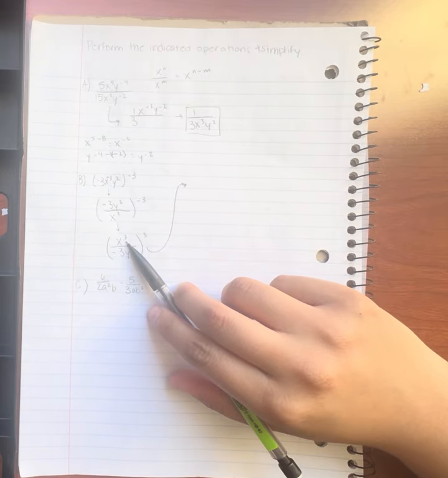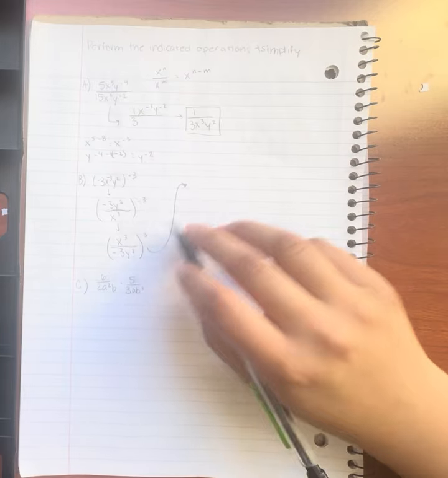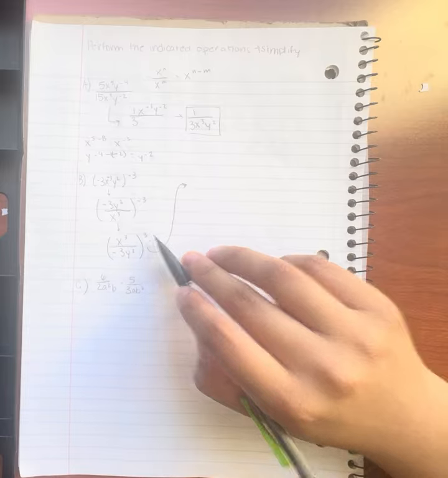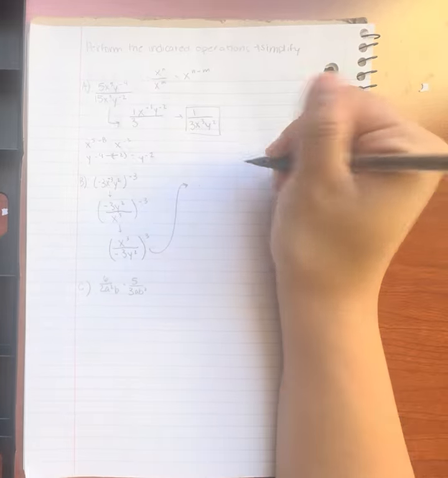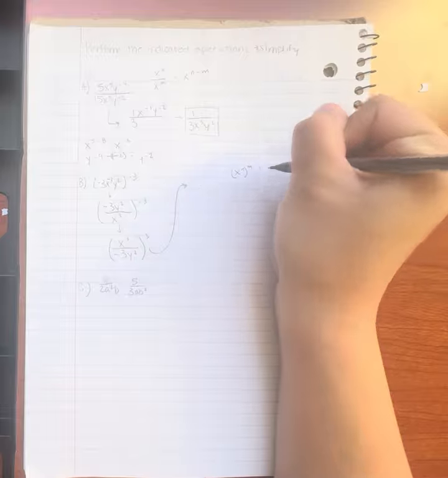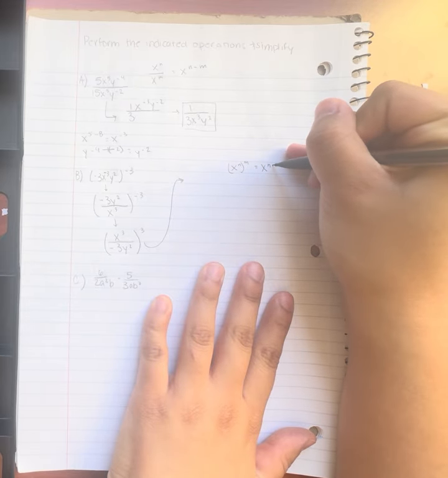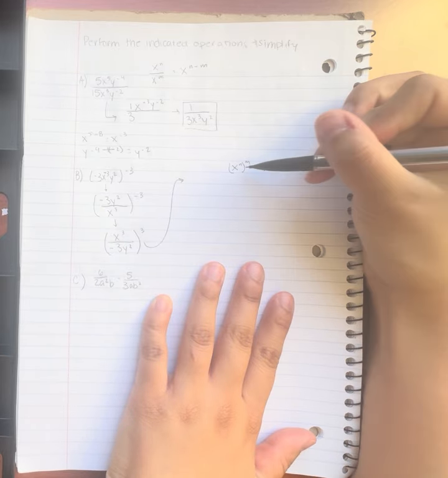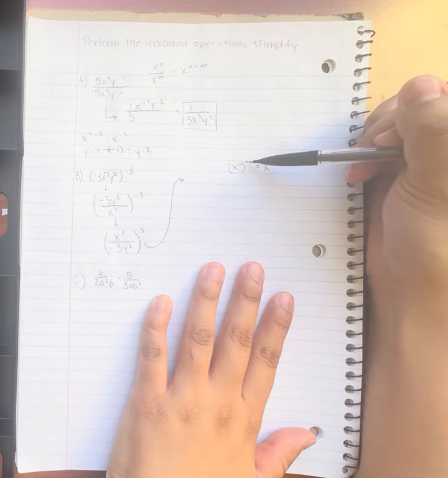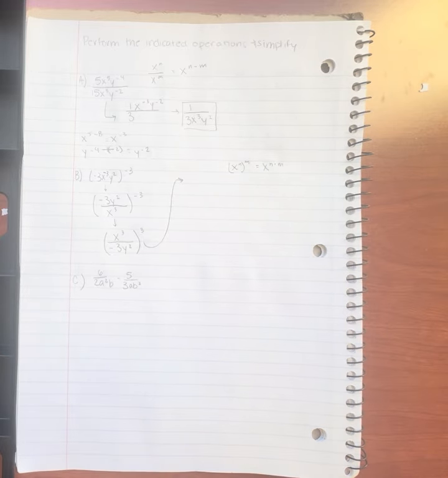When an exponent is being cubed or squared or anything, that's going to be multiplication. So x to the n to the power of m is in reality x to the n times m.